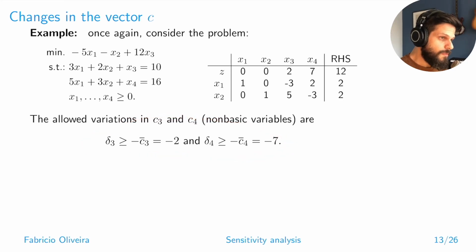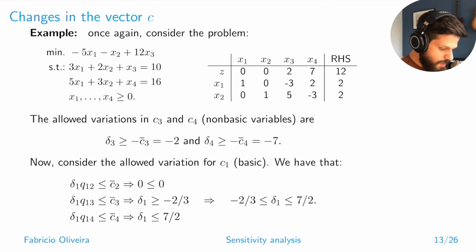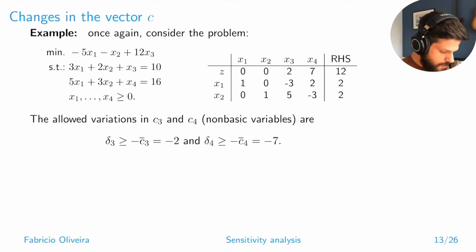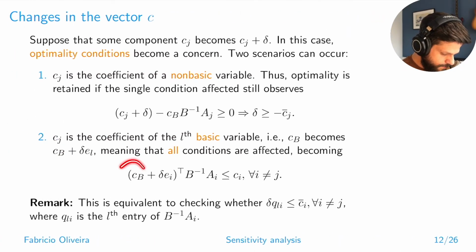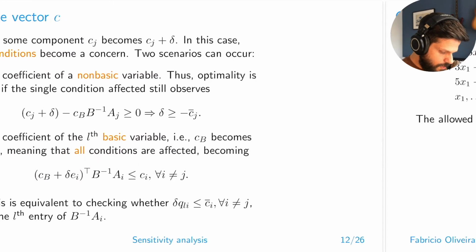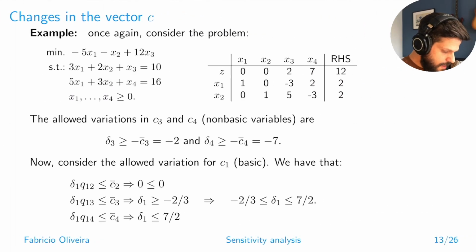Now, if we look at variations of, say, C1, so C1 is a basic variable, okay? Now we have a bit more trouble, because we have to make sure this condition still holds. To analyze whether this condition holds is the same as analyzing the following: we have to see whether delta Q12 is less or equal than the reduced cost of variable x2.